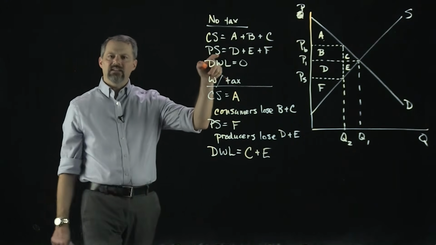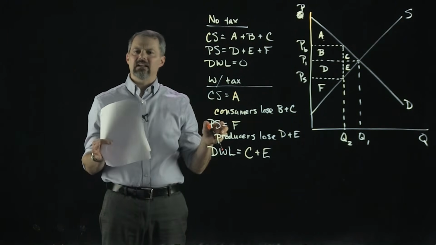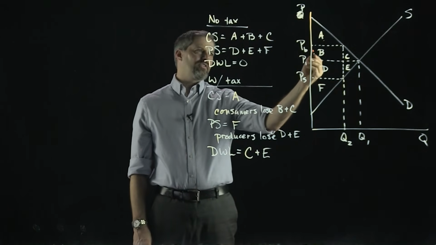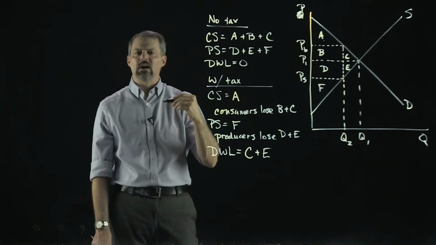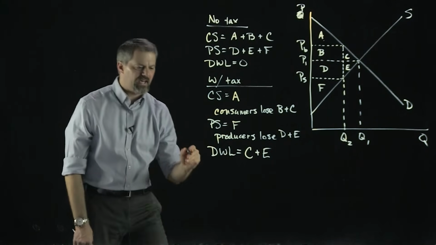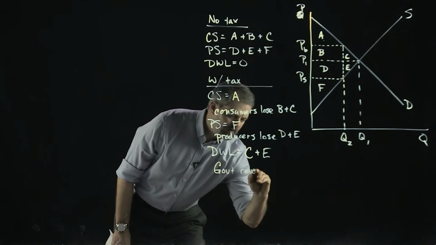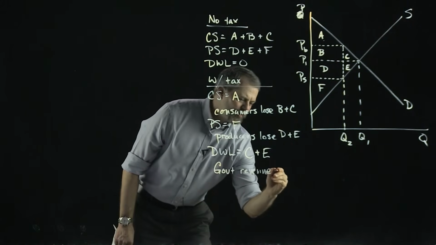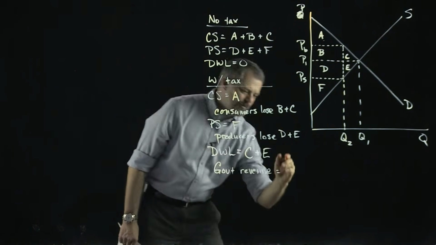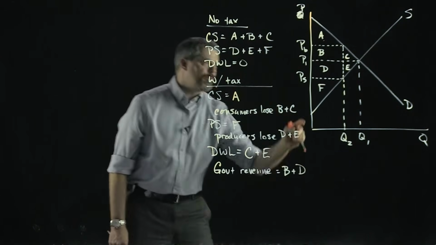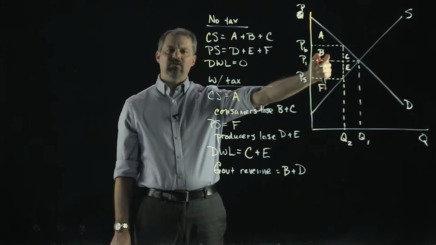Now, B and D, those don't just vanish. B and D end up going to the government, right? So if we wanted to identify the amount of revenue that the government collects from the tax, so here's government revenue. The government revenue is going to be equal to B plus D. So part of that, B, used to be consumer surplus.